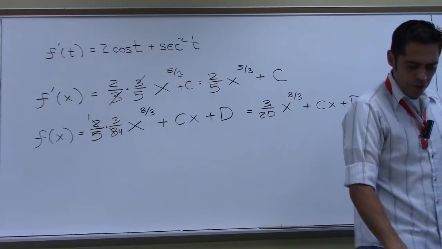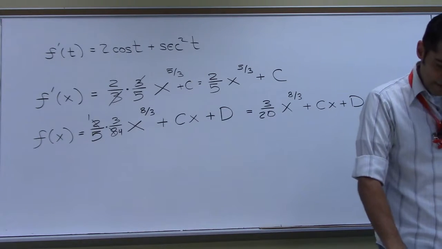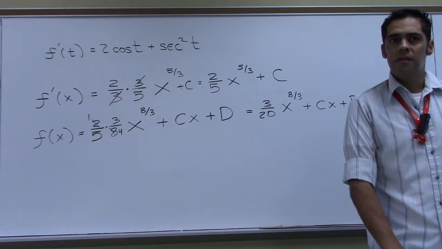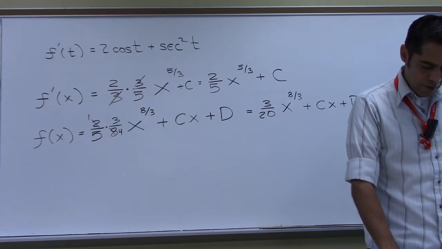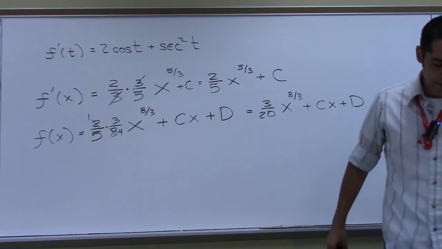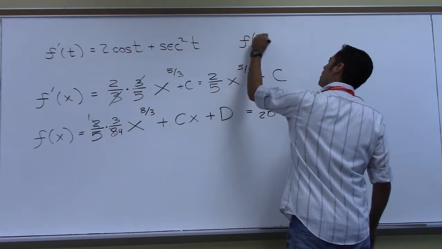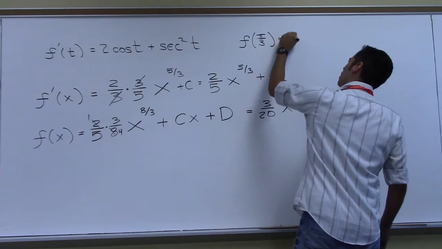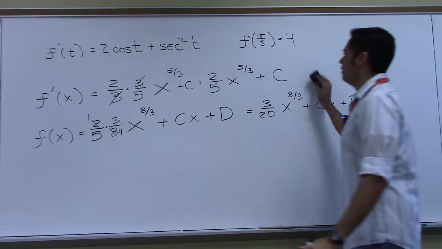And they give you some restrictions on t, which we really don't need. That's just to make sure that we're within certain bounds so that we don't get something undefined. And then they give you that f of pi over 3 is 4, and you're asked to find little f.